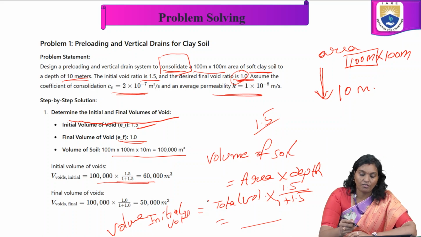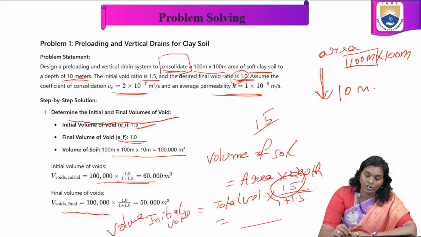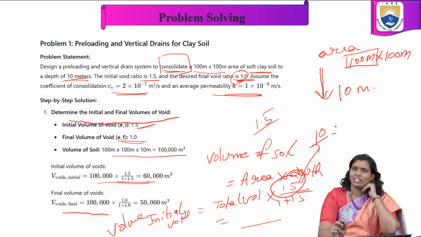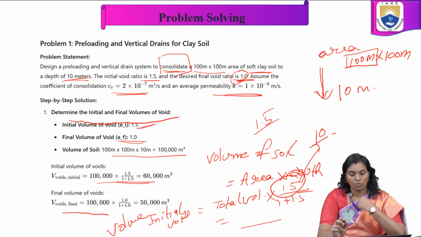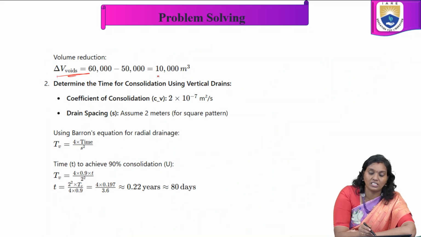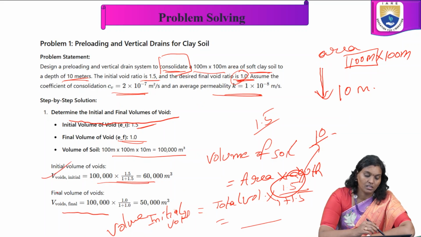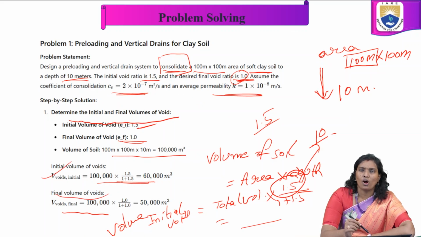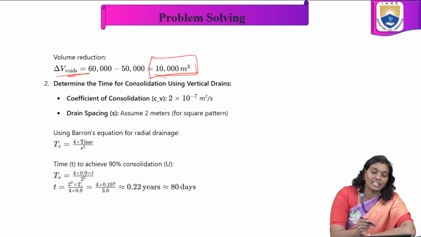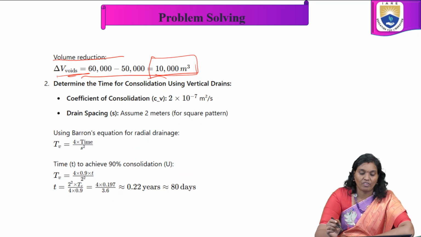Now also find the volume of voids final, using the required void ratio multiplied by the total volume. The volume reduction is the initial volume of voids minus the final volume of voids, which is equal to 10,000 meter cube.